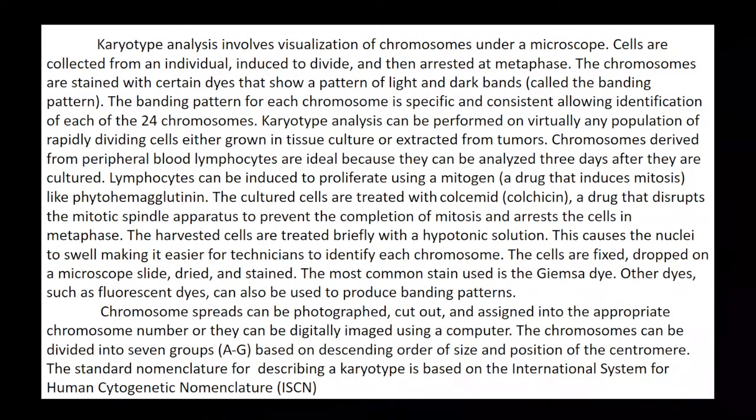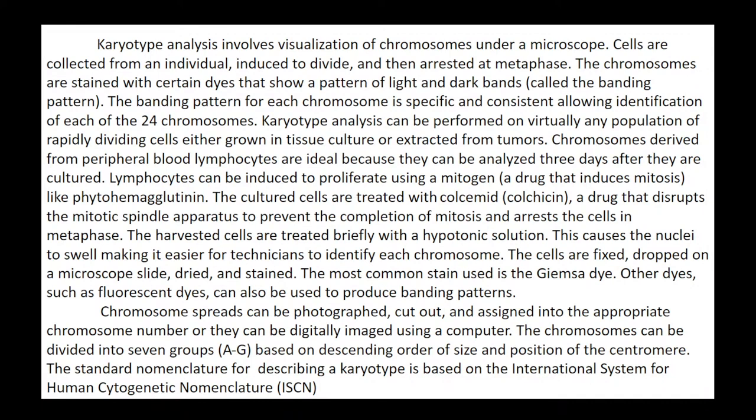After this, at metaphase stage, we arrest the mitosis by using colchicine, which is a drug which disrupts the mitotic spindle and arrests the cell in metaphase.